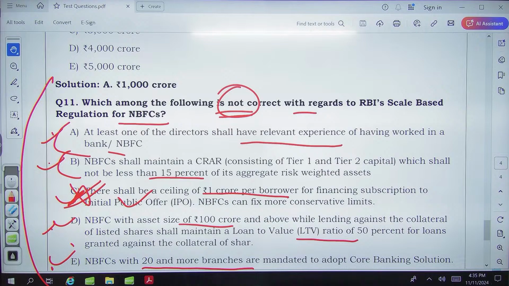What do you think? Which statement for you looks like a little bit incorrect? Or if you would have to choose any of the options amongst all these A, B, D and E, what would you choose?